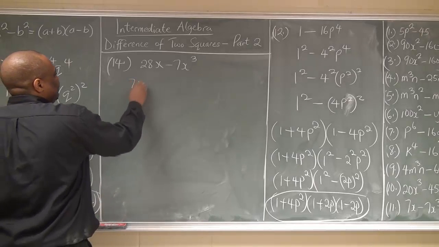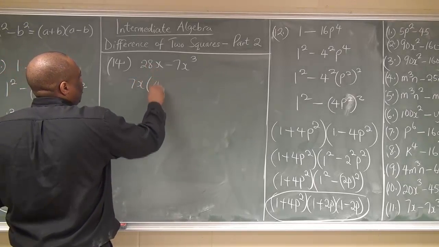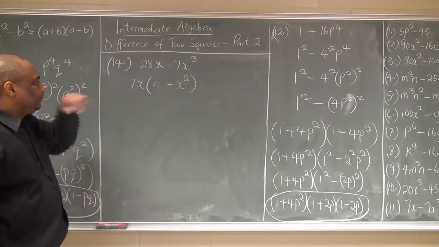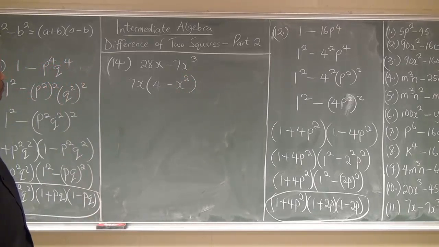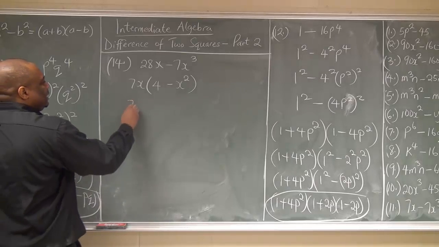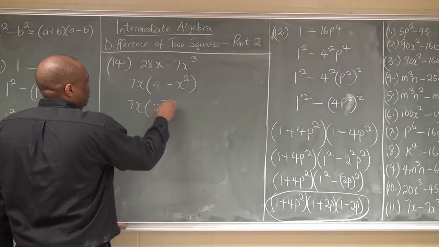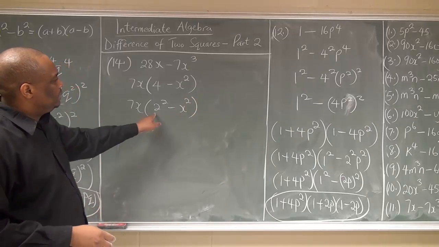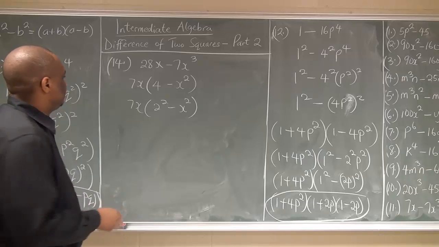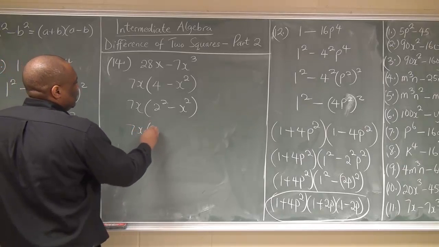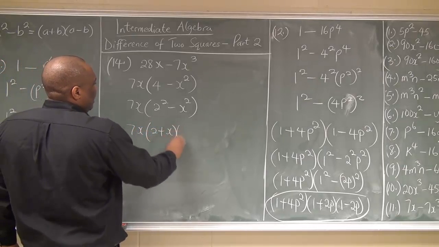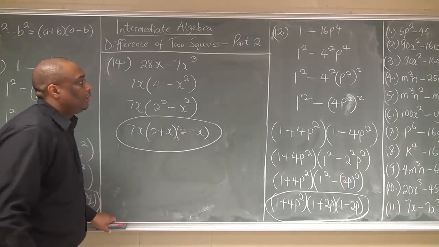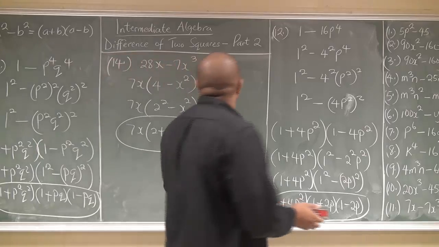The GCF will be 7x, and this will be 4 minus x squared. Right? So we now have 7x times 2 squared minus x squared, and of course here your A is 2 and your B is x. So this is 7x times 2 plus x times 2 minus x.